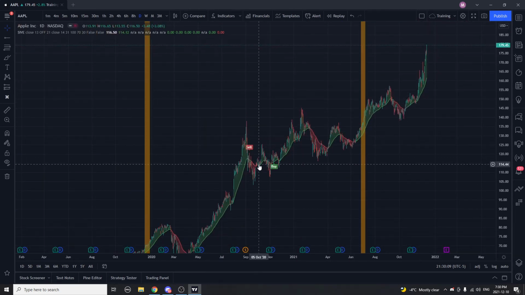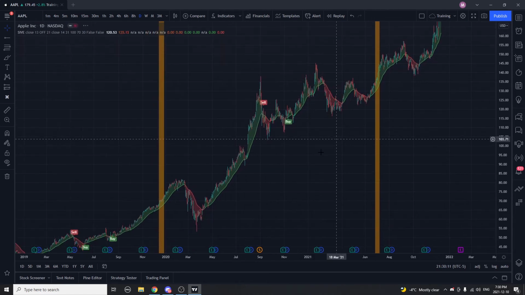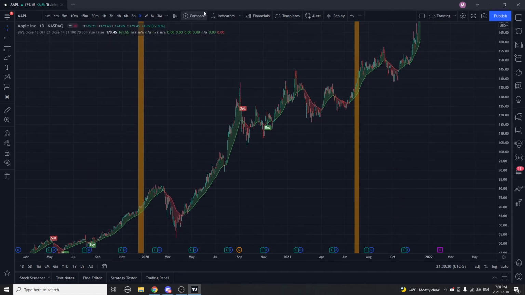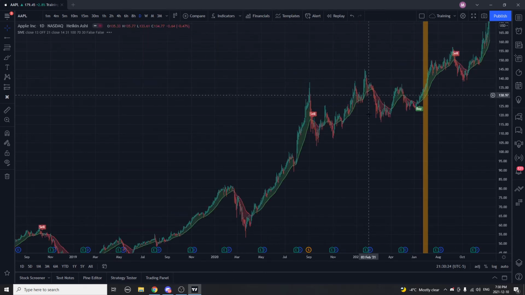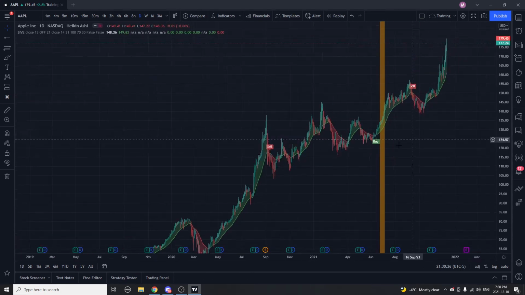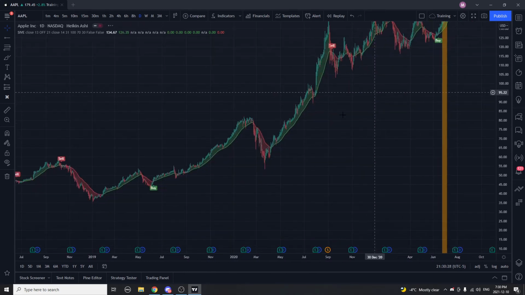Let's compare apples to apples. You have excellent price action. The calls are phenomenal. And even if you're using Heiken-Ashi, the calls still stay phenomenal. Absolutely phenomenal.